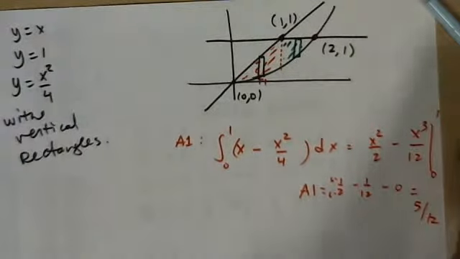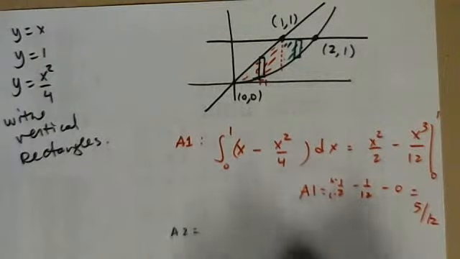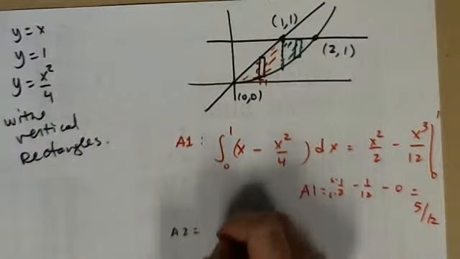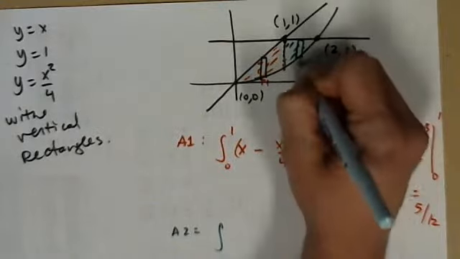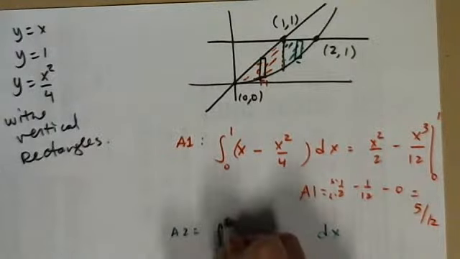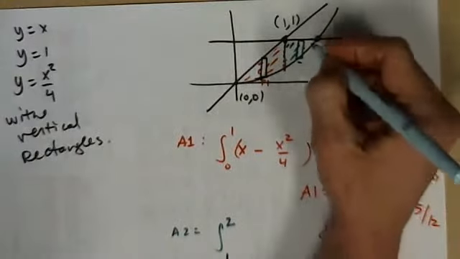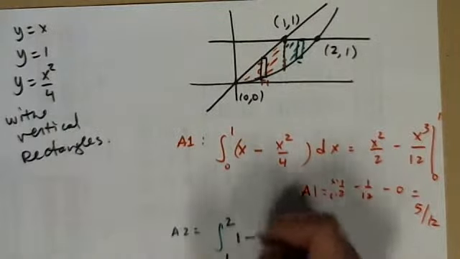Now we do the second area, the green area. Again, another vertical rectangle, so dx, the width is a little chunk of x. I'm adding those up between x equals 1 and x equals 2. My top function, the y value, is 1.